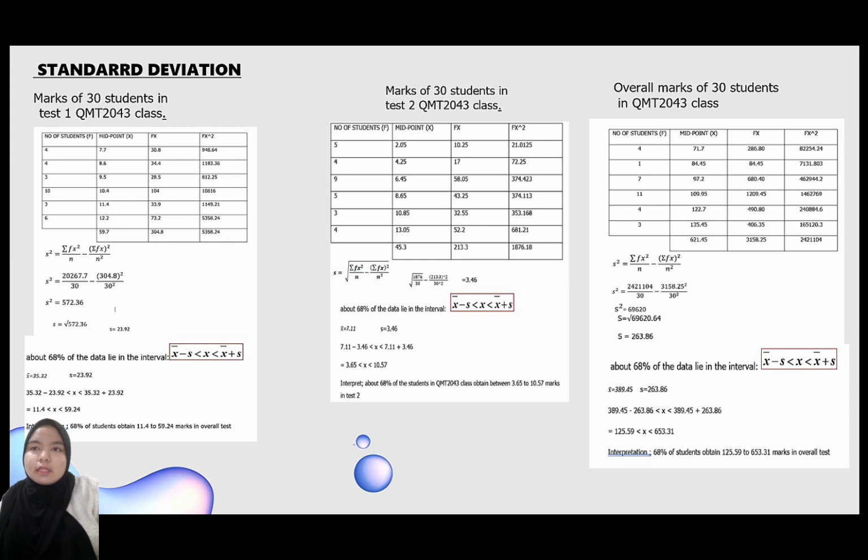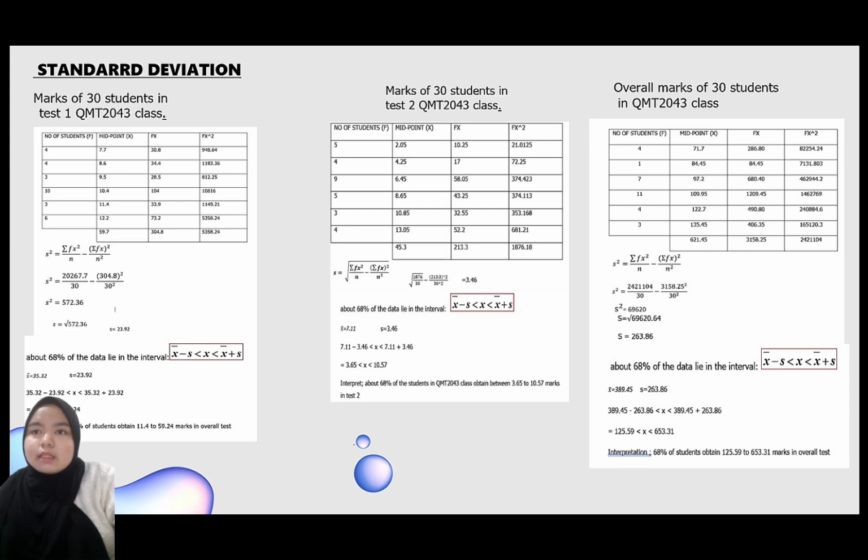So about 68% of the data lie in the interval 389.45 minus 263.86 less than x less than 389.45 plus 263.86.